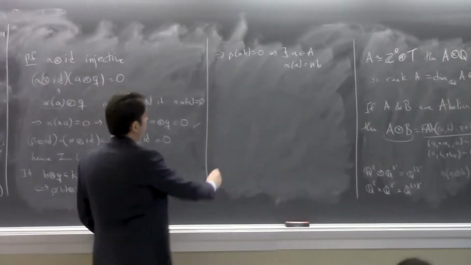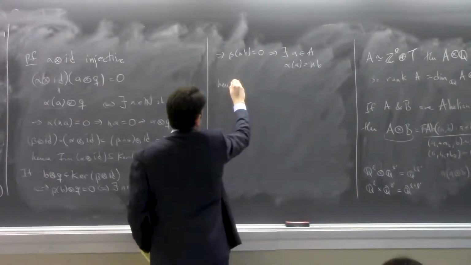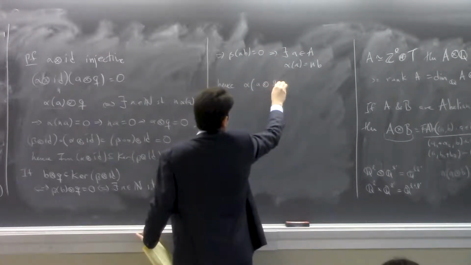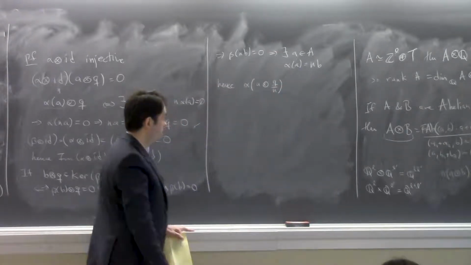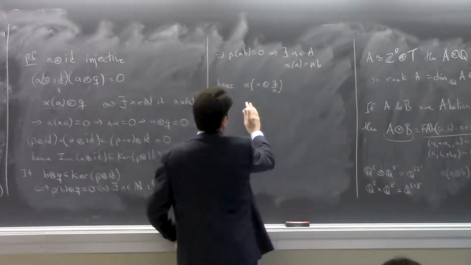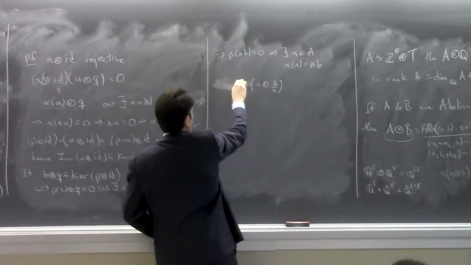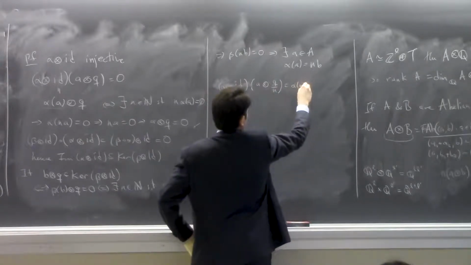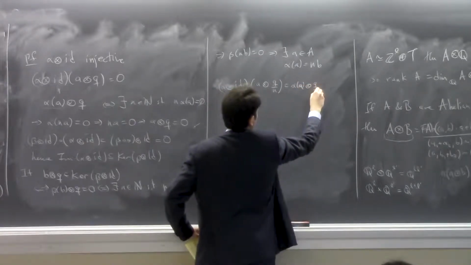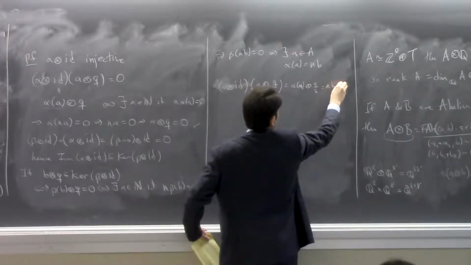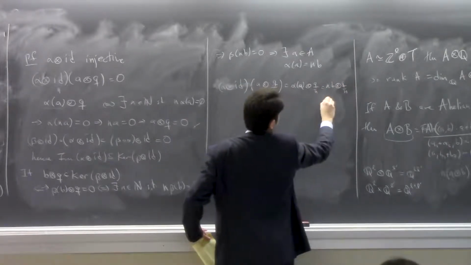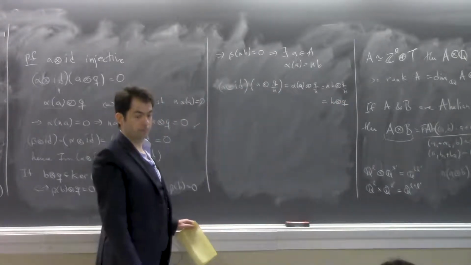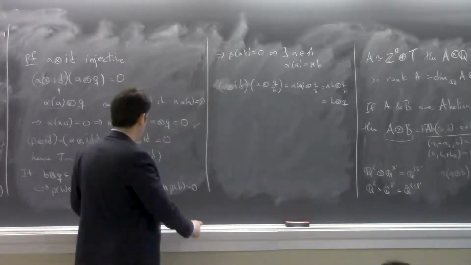Right? Okay, so now notice that if I do alpha tensor identity of A tensor Q over n, I get alpha of A tensor Q over n, which is equal to nB tensor Q over n, which is B tensor Q. Right? So I have the other inclusion.